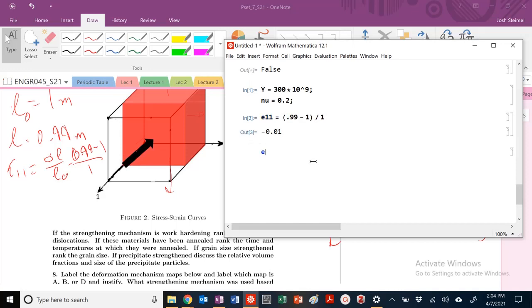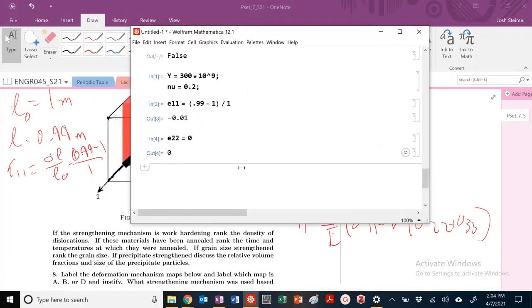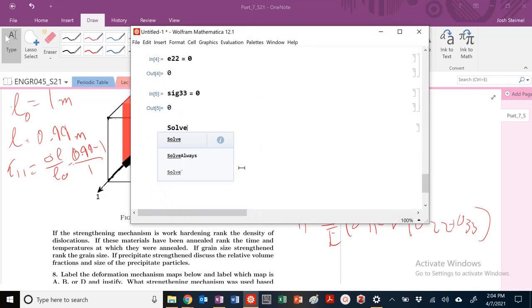I know that my E22 is going to be equal to 0. I don't know what my E33 is, so that's an unknown. And I also know that my sig 33 is going to be equal to 0. So now I can solve for my 3 unknowns. I need 3 equations. So E11 equals 1 over Y times sig 11 minus nu times (sig 22 plus sig 33). So I have that. Now let's do the other values.